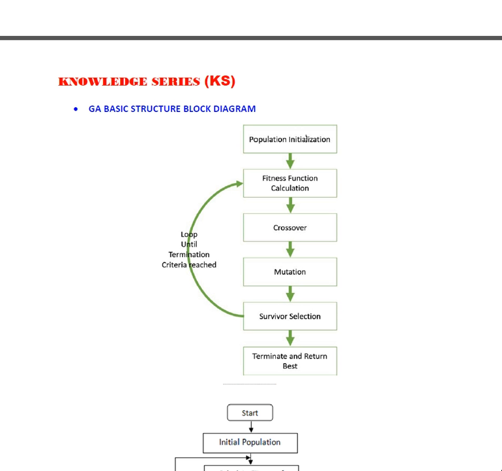Now once we find the fitness score, we are going to classify or group those individuals so that they can be ready for the next stage. Now the next stage is nothing but crossover.